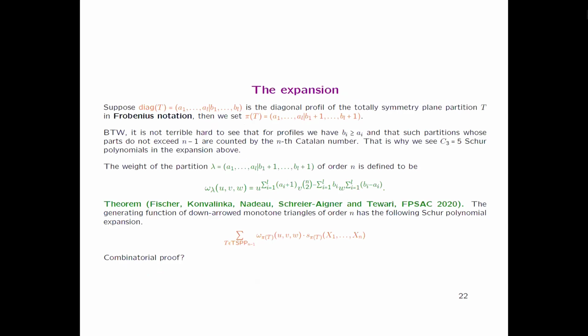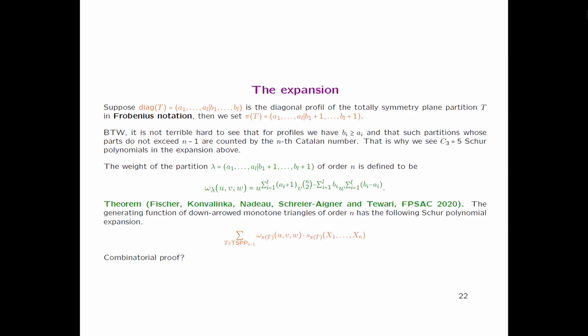So here are a bit more details. Well, first of all, I take Frobenius notation, so which means that for the diagonals, I choose the arm and the leg lengths. This is A1, this is B1, this is B2, this is A2.